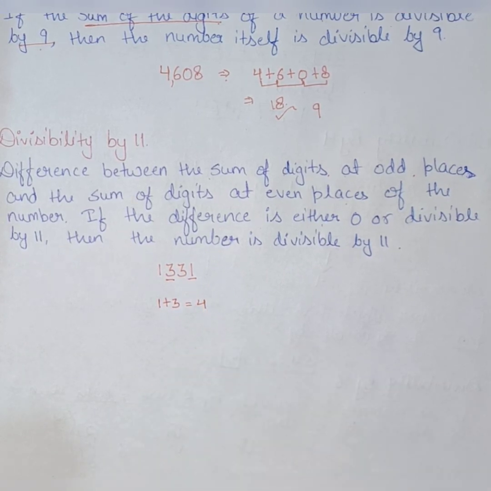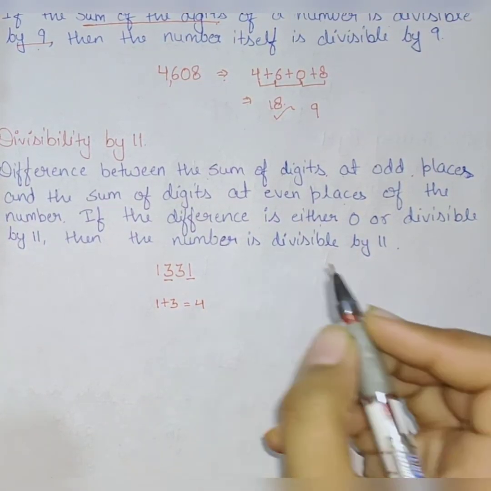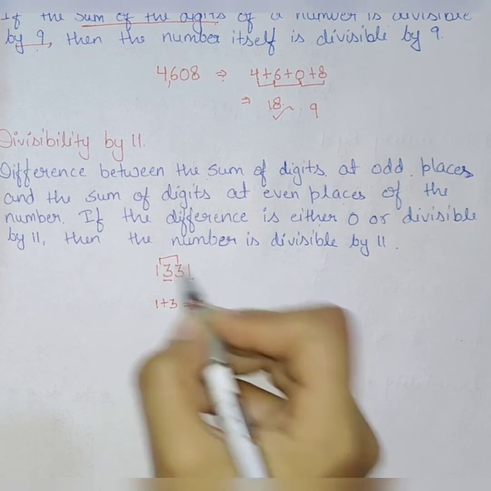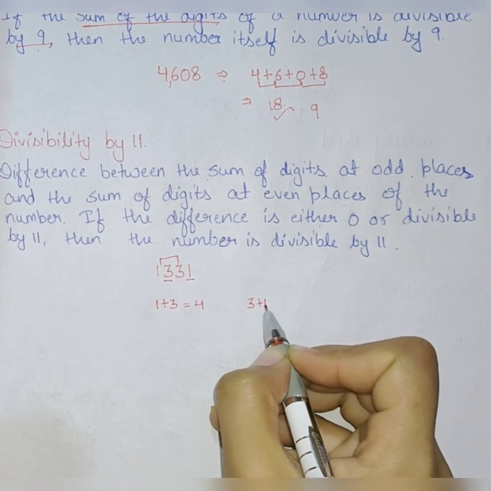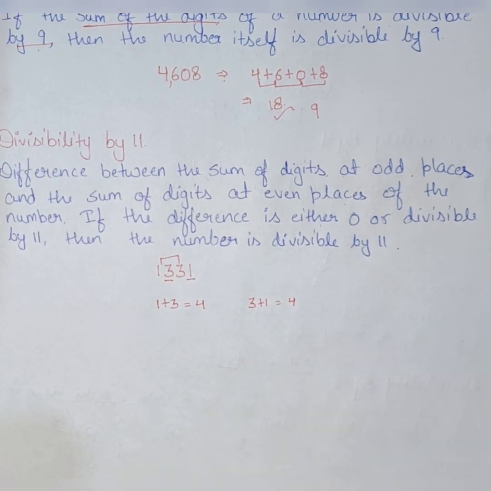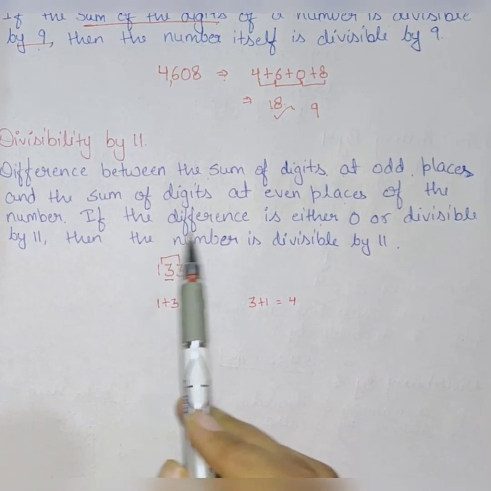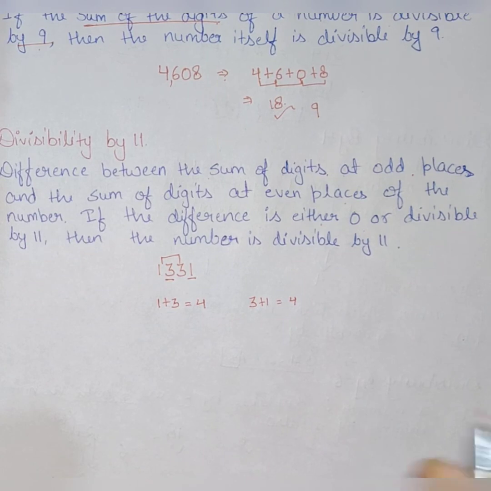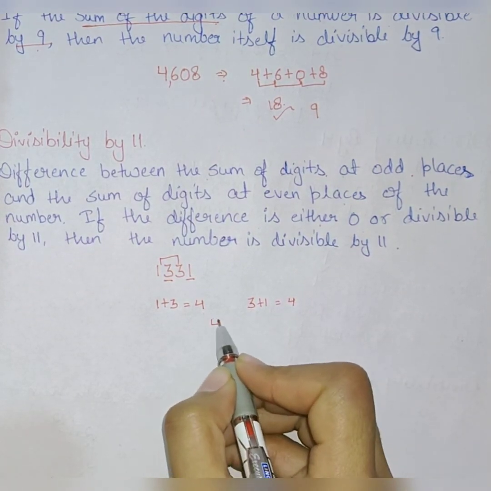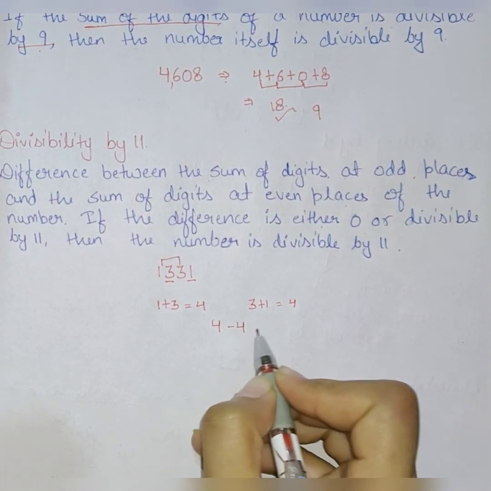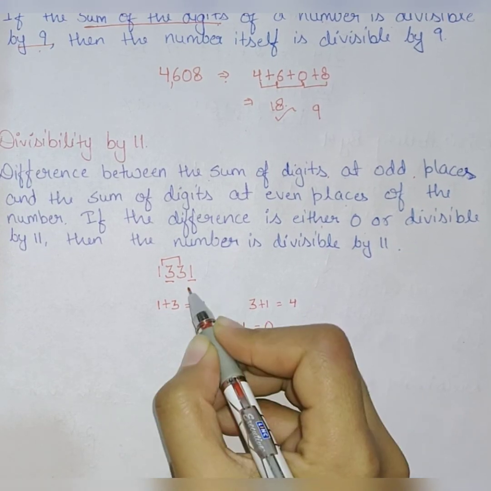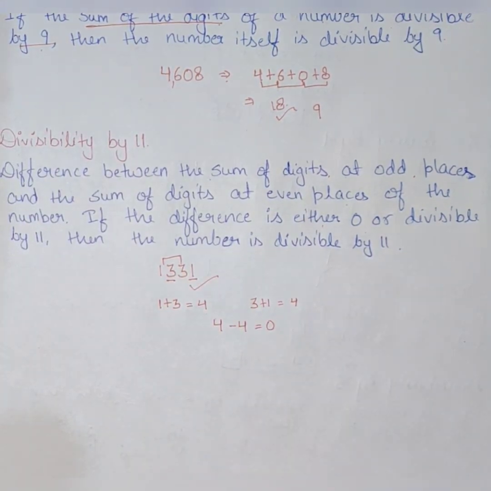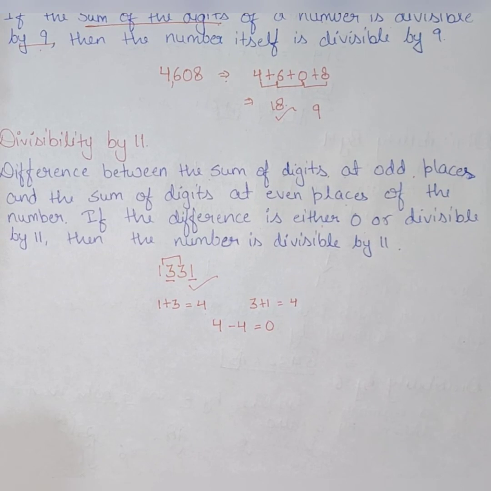Now the digits at even places are again 3 and 1, that is 3 plus 1 is equal to 4. Now your rule is saying if the difference is either 0 or divisible by 11. So here the difference is 4 minus 4 equals 0. So the number 1331 is divisible by 11.